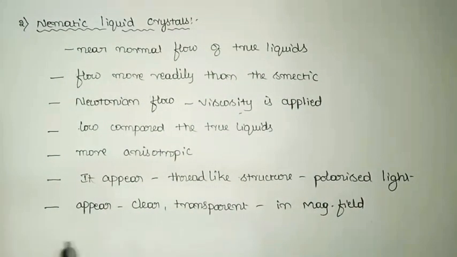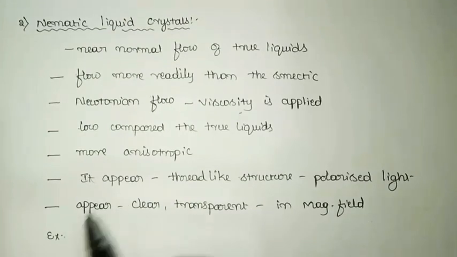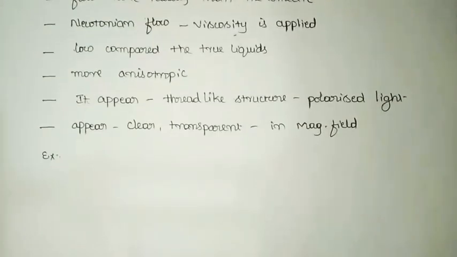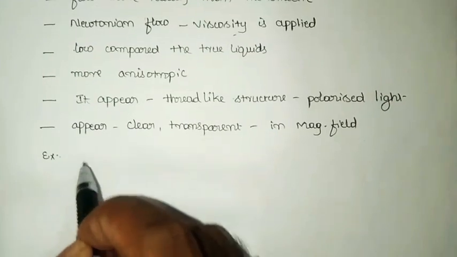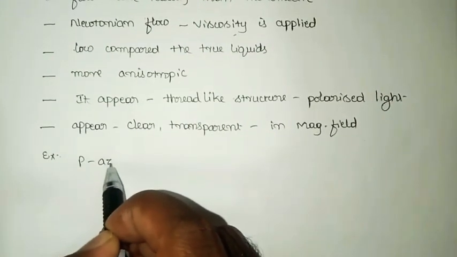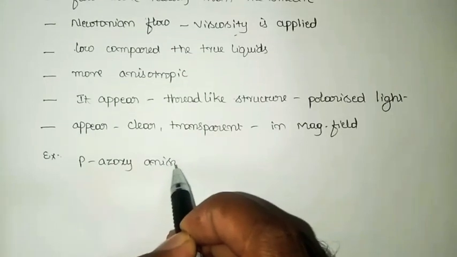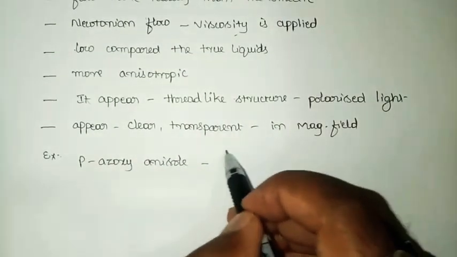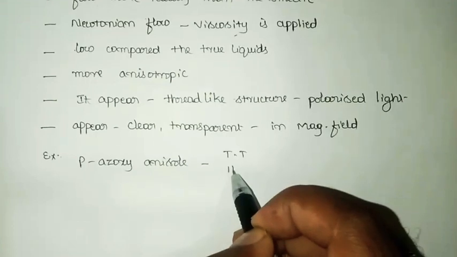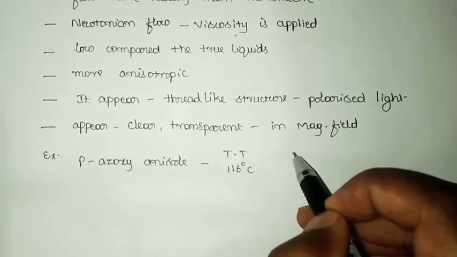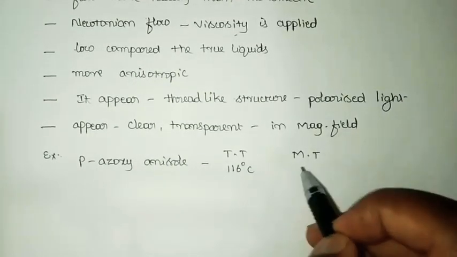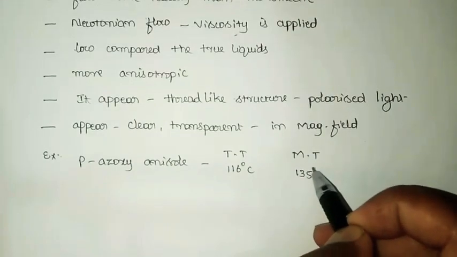And if you go with some simple examples of nematic liquid crystal, the examples will be para-azoxyanisole, which has a transition temperature of 116 degrees Celsius and its melting temperature is 135 degrees Celsius.